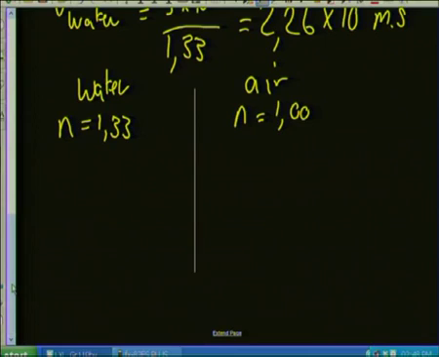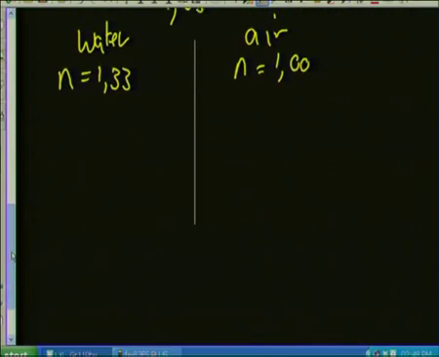So that's, in a sense, going to be the critical angle for something that has the lowest refractive index possible. So in this sense, anything else that we put in its place will have a different critical angle, but this one is the critical angle with respect to air.